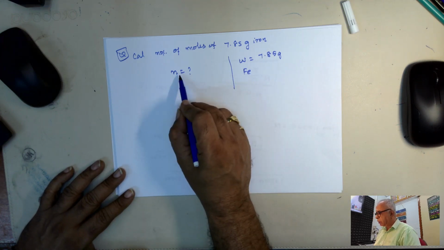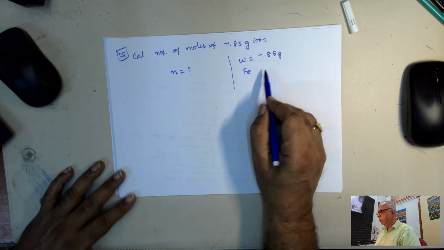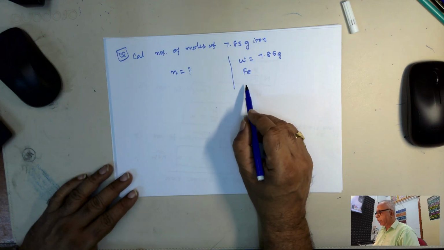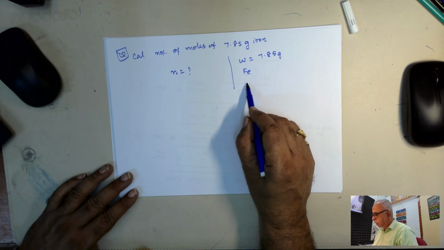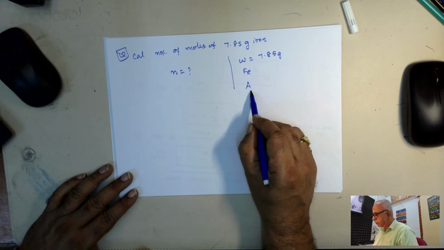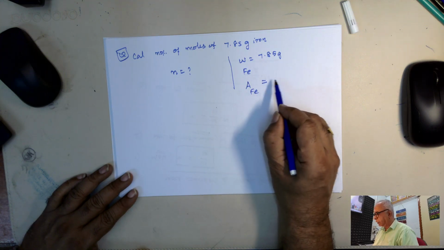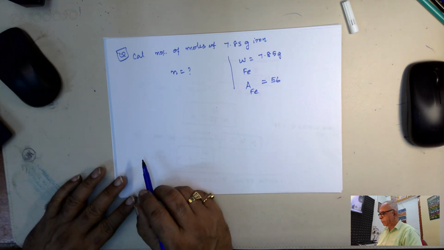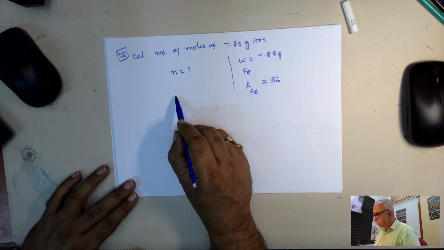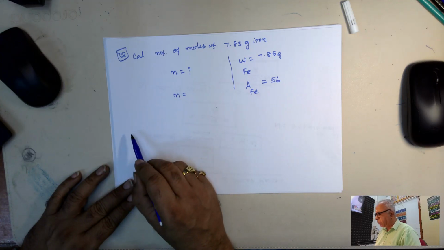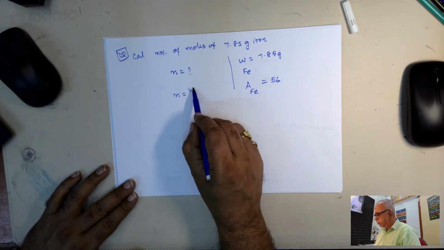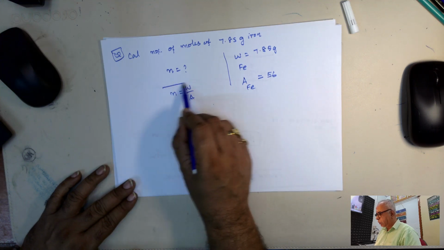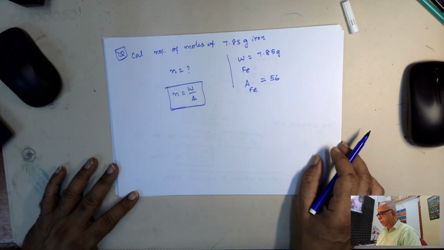Therefore, since it is an atom, you have to introduce the atomic mass, is it not? So what is the atomic mass of iron? The atomic mass of iron is 55.8, you can put 56. Therefore, n is equal to, what is the formula? W by A, right?